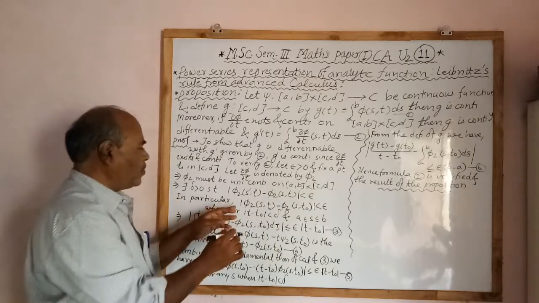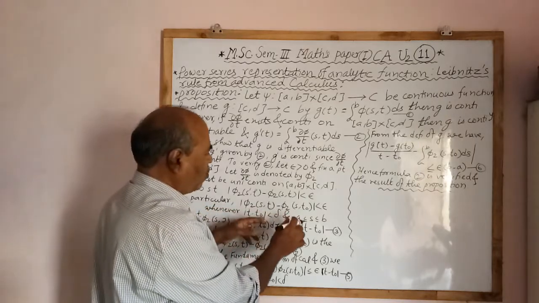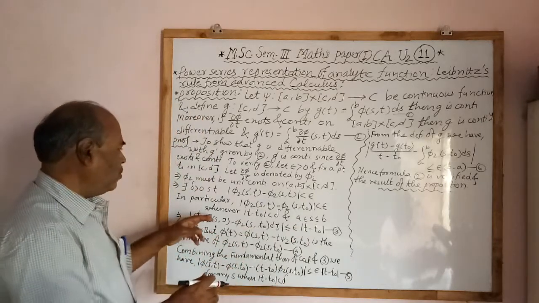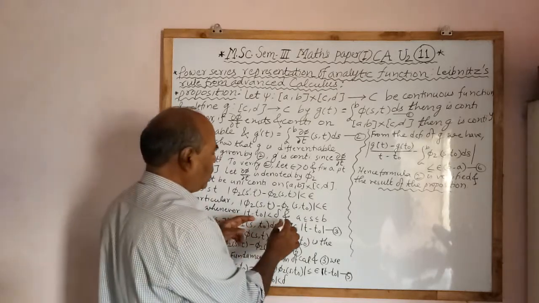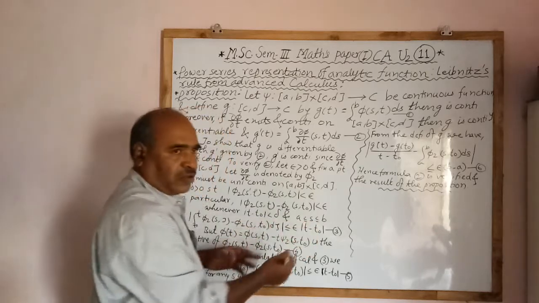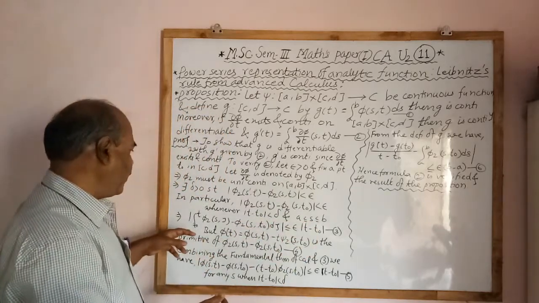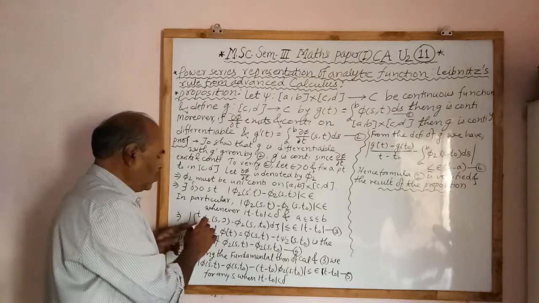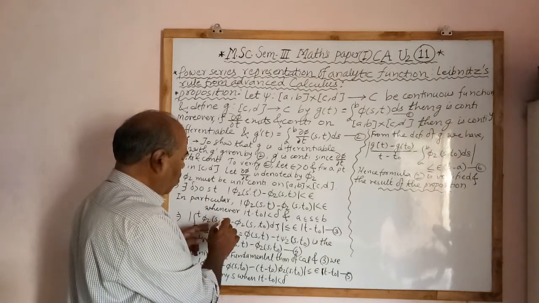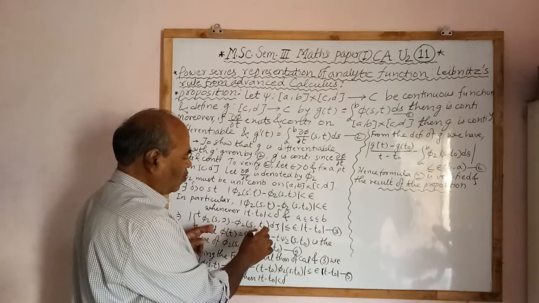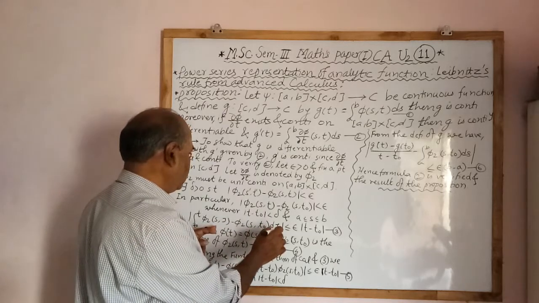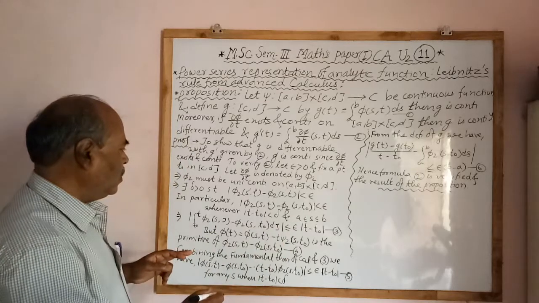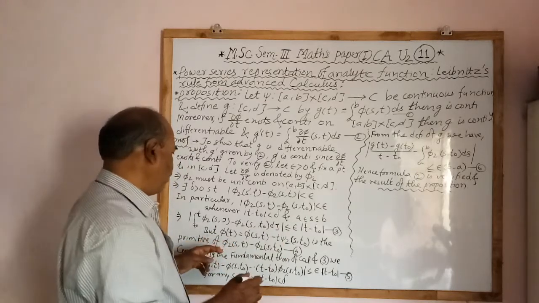In particular, mod of phi 2 of (s,t) minus phi 2 of (s,t0) is less than epsilon, whenever mod of t minus t0 is less than delta and s lies between the numbers a and b. Therefore, we have mod of the integral from t0 to t of phi 2 of (s,tau) minus phi 2 of (s,t0) d tau is less than or equal to epsilon into mod of t minus t0. Equation number 3.